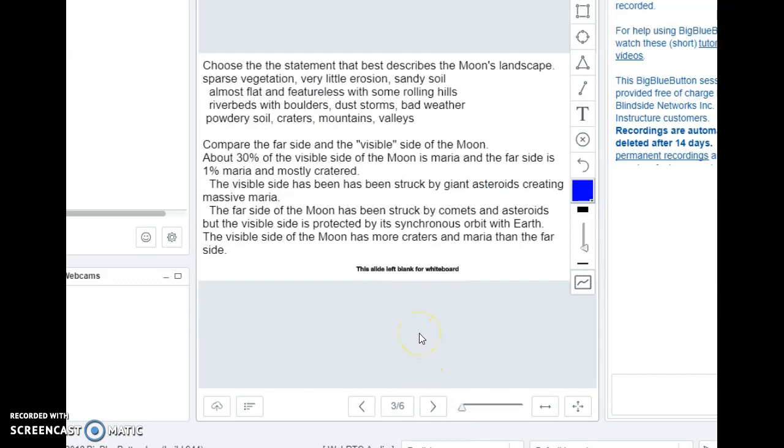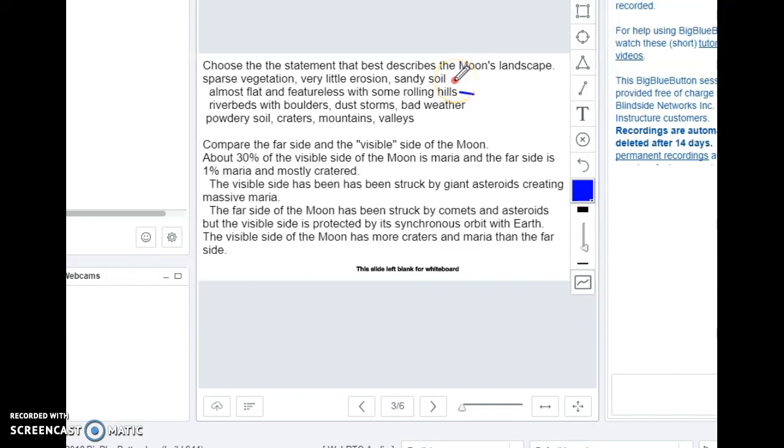Choose the statement that best describes the moon's landscape.